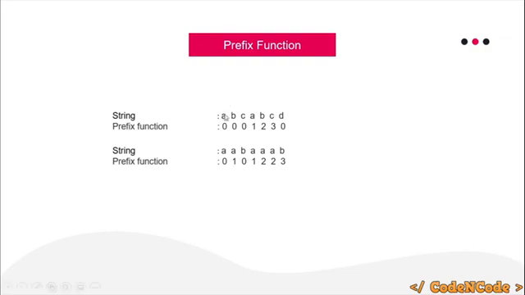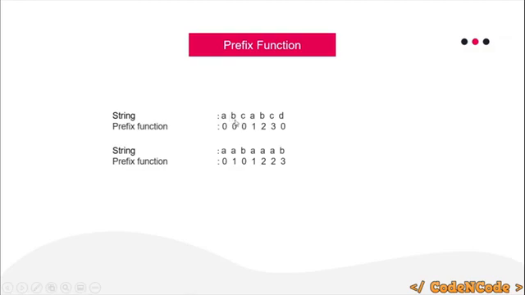This is an example of the prefix function. Here I'll be considering a 0-based index system, so the character A is at index 0, this is at index 1 and so on, the same index system which strings use. So pi of 0 would be 0 because it has no proper prefix.